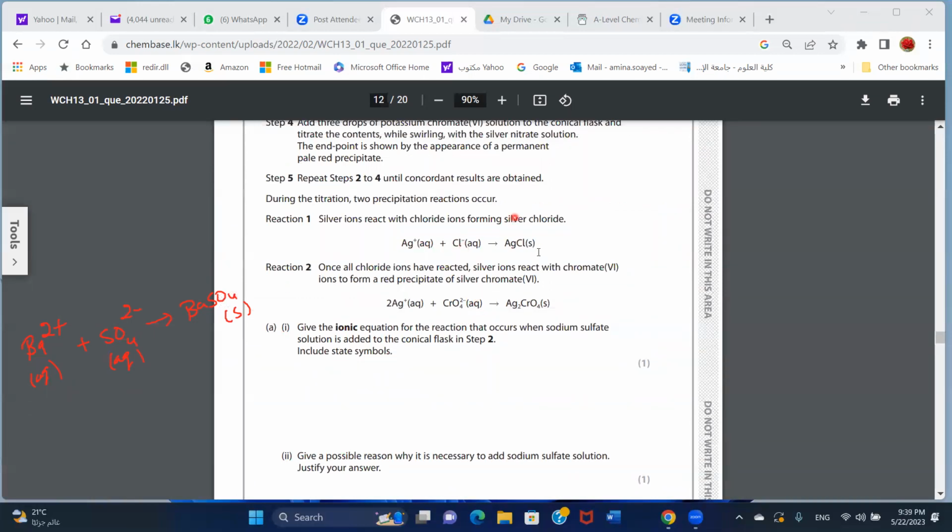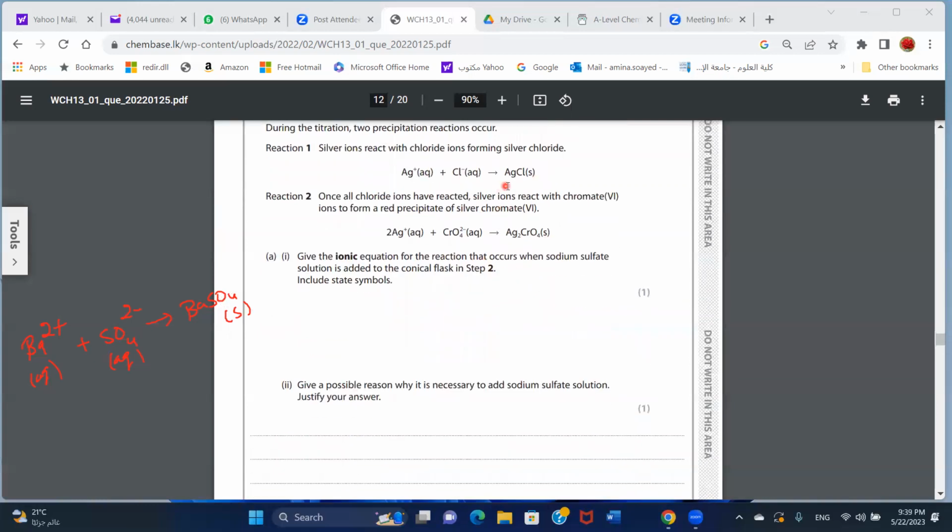So why did the silver chloride precipitate first? Why did it react with the chloride first? Meaning, why did the silver ion not react with the chromate except when all the chloride ions were removed from the solution?